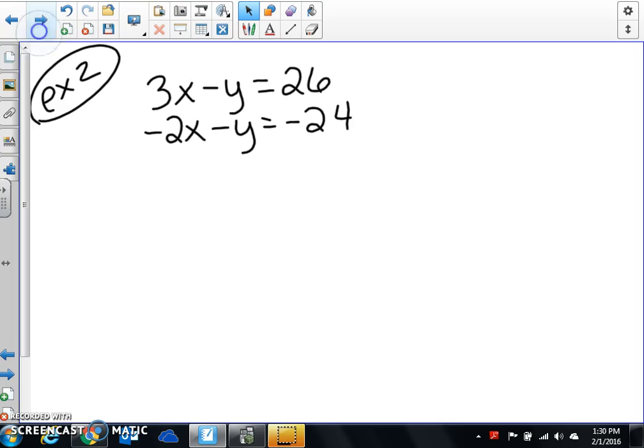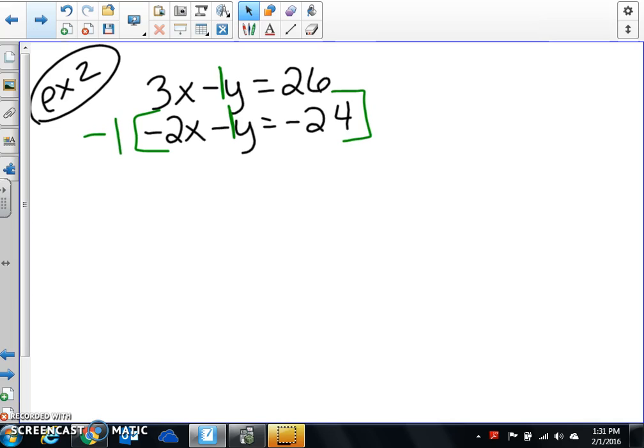Next one. Once again, I'm looking at the coefficients. If I look at the coefficients of x, 3 and 2 are completely opposite, so I'm just going to hold up on there for a second. If I look at the y's, I have the same coefficient, which is negative 1. But remember, I want them to be opposites. So it's up to you which one you change. I'm going to change the bottom one by multiplying everything by negative 1.